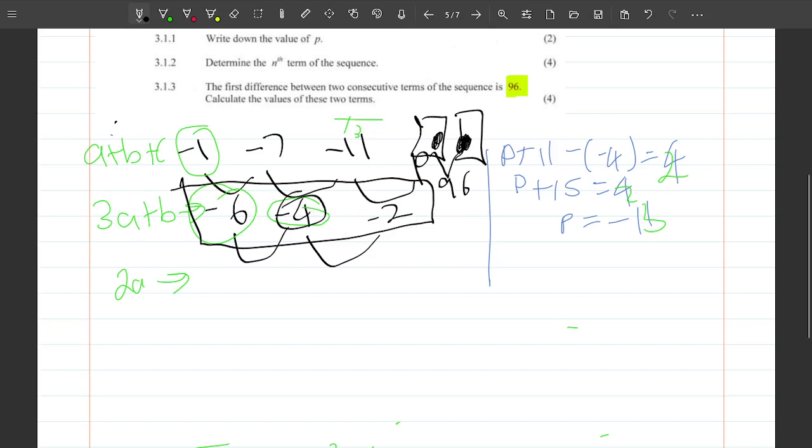The first difference between two consecutive terms of the sequence is 96. So they're saying somewhere there's a 96, and we need to find these two consecutive terms. So what are those two consecutive terms? We're just saying these values continue all the way up to 96, and we have to figure out what those two numbers are.